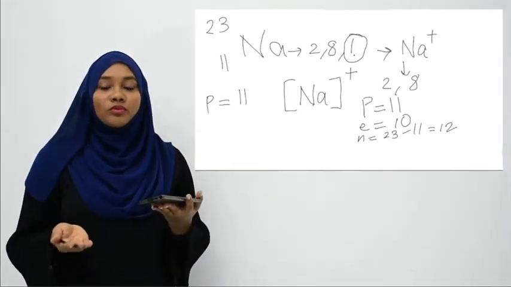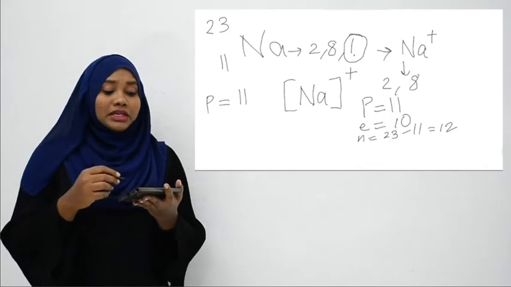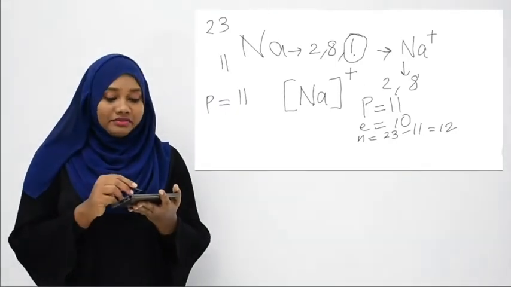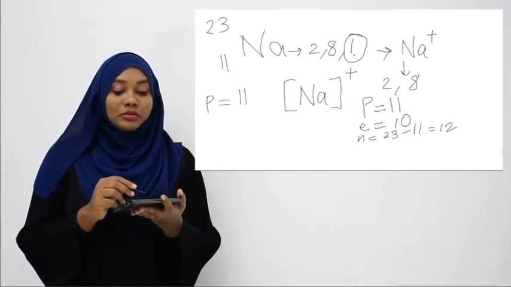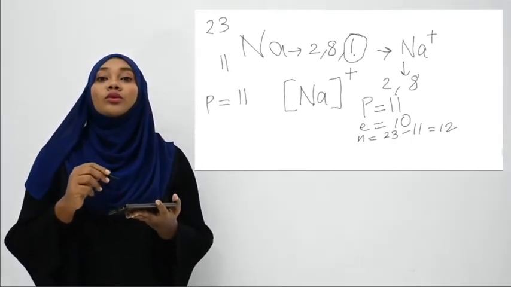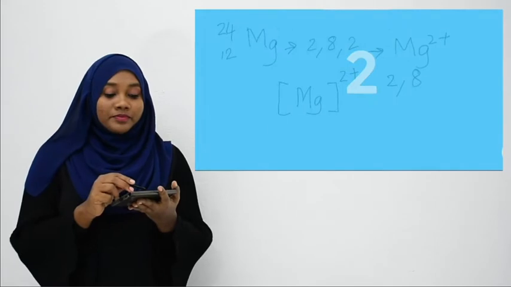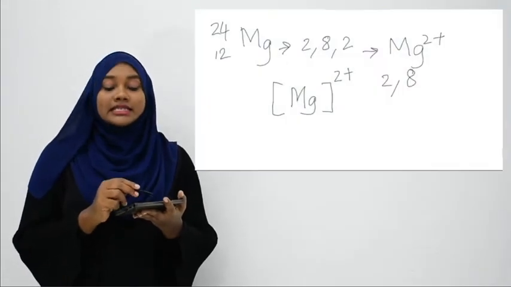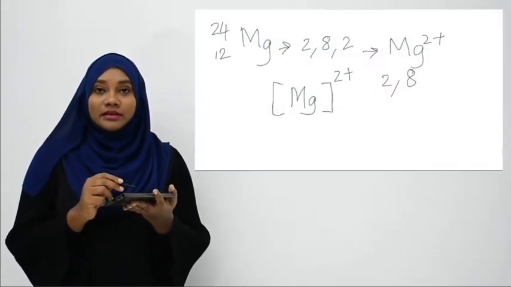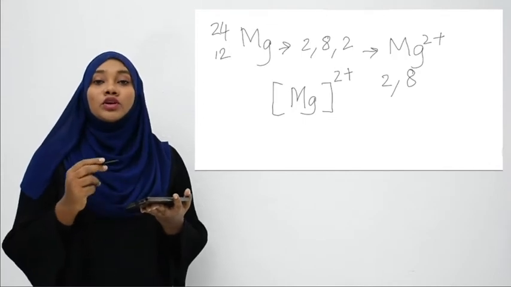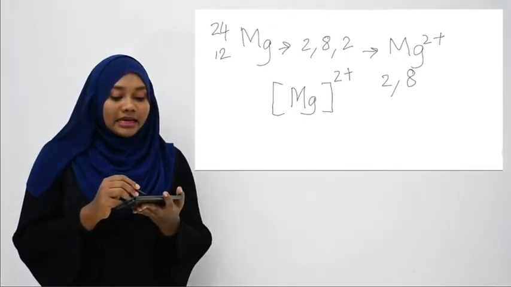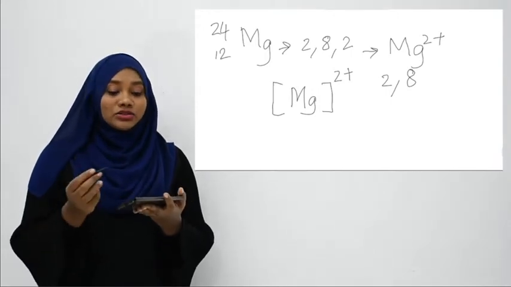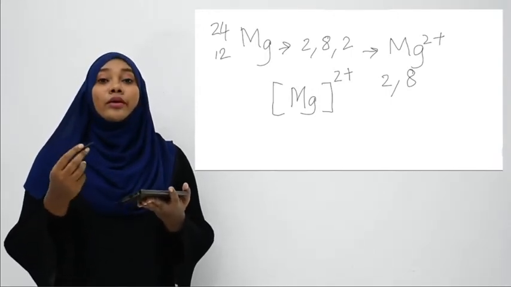Now look at your periodic table and identify where sodium is. Sodium is in group 1, right? And then when you look at the electronic configuration, you would notice that in the sodium atom, in the valence shell, it's 1 electron, right? And in magnesium as well. Magnesium is in group 2 of the periodic table, and the magnesium atom has 2 electrons in its valence shell, right?